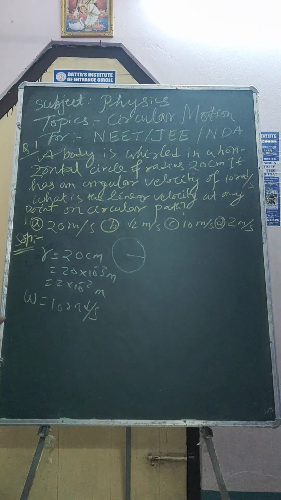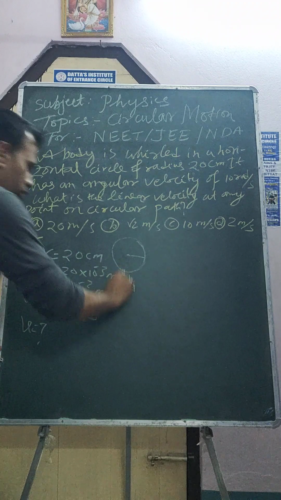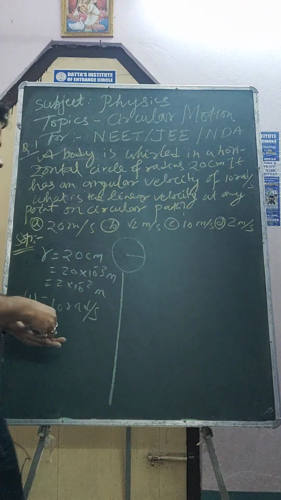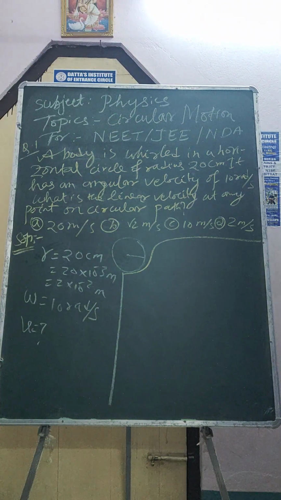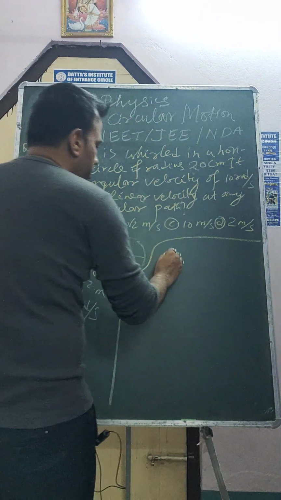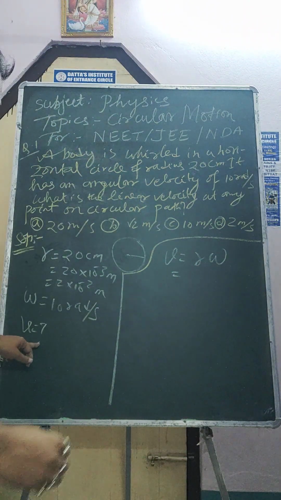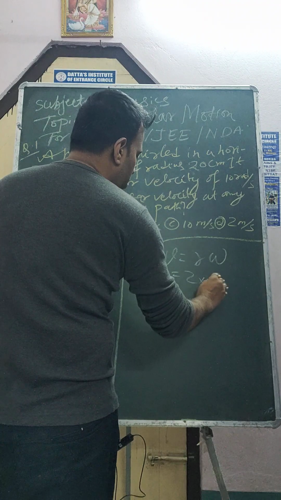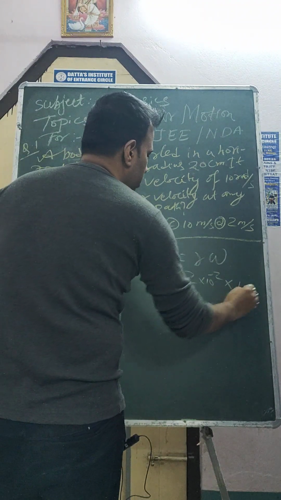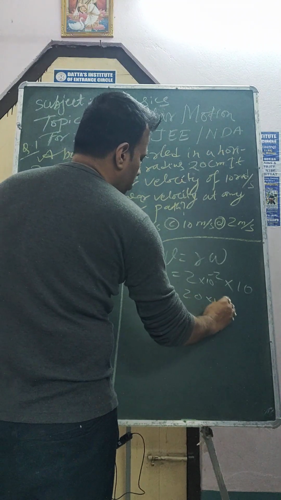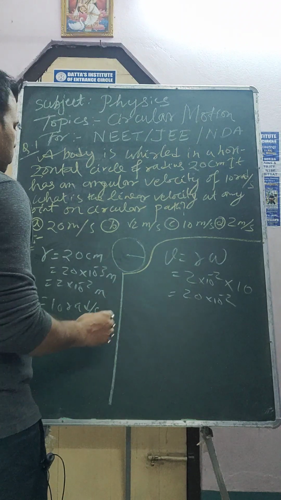We have to find the linear velocity v. Now look, we know that v equal to r omega. r is 2 into 10 to the power minus 2 and omega is 10, so 20 into 10 to the power minus 2, so it will be 0.2.